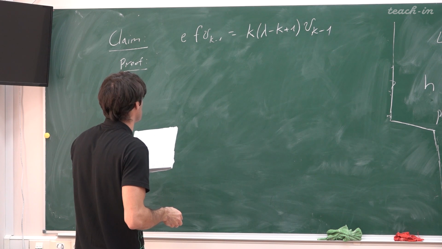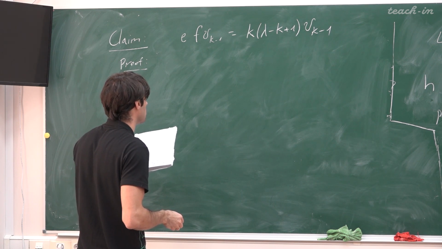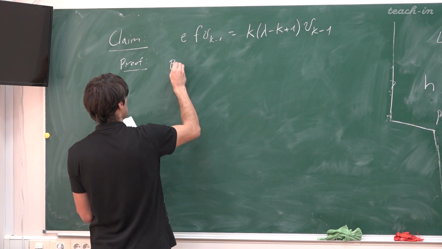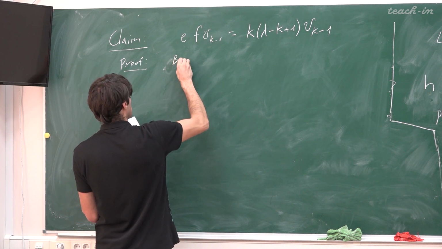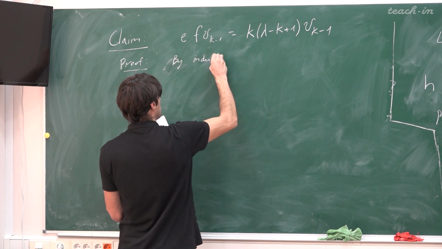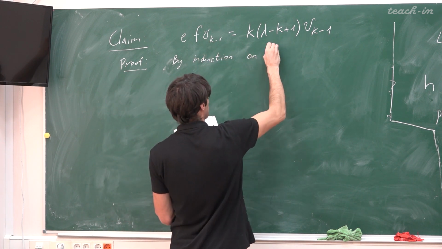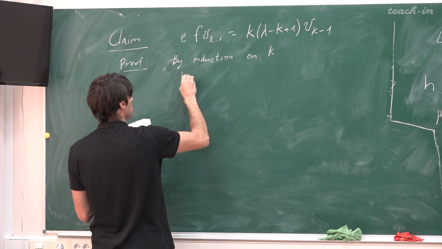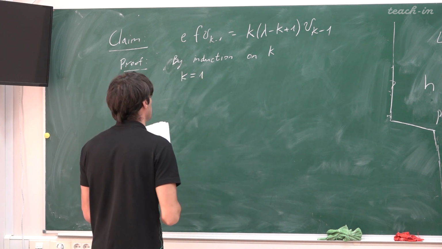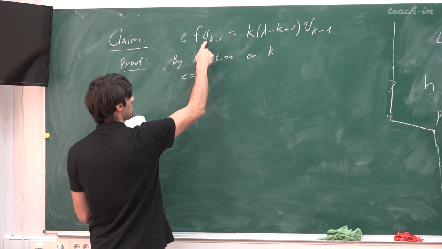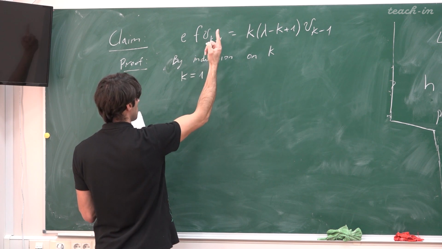All right. If I take k equals 1, so by induction on k, so k equals 1, then this is just v0, which is just v, right?